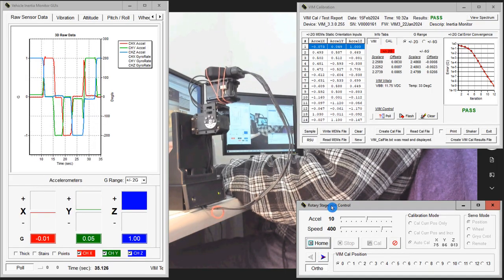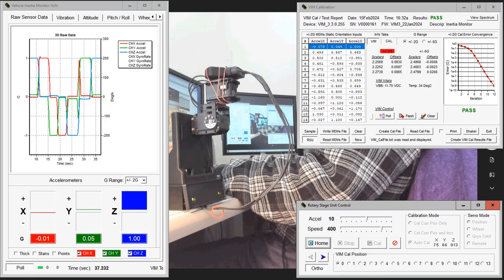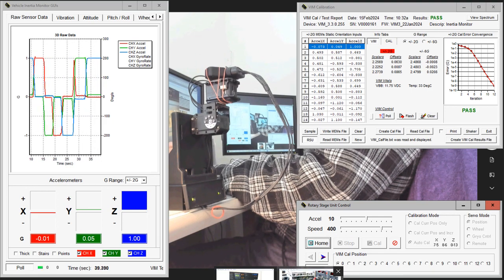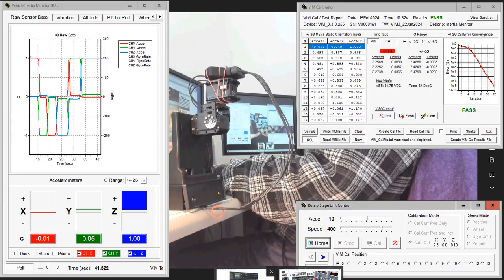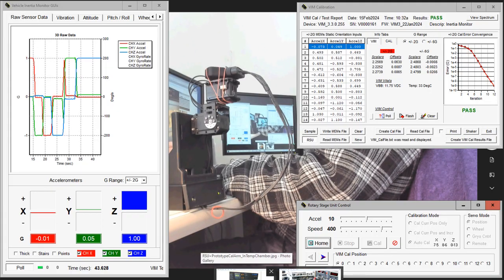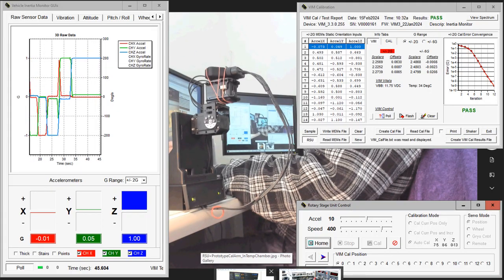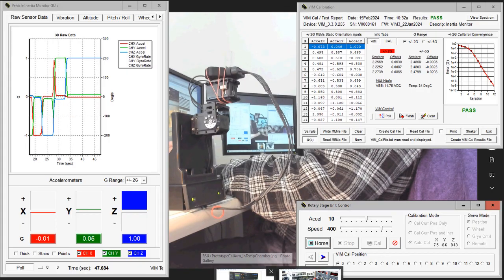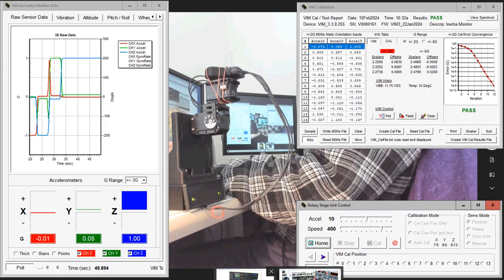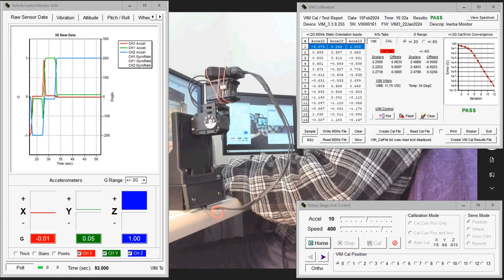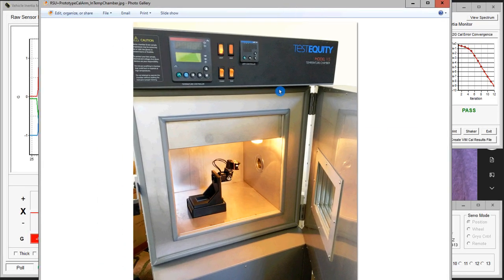So this calibration technique will be extremely useful for doing temperature-based calibrations in which the MEMS accelerometer drifts significantly during temperature variances. Now this apparatus can be placed inside of a temperature chamber, and the temperature chamber can be set to a low temperature, a nominal temperature, and a high temperature.